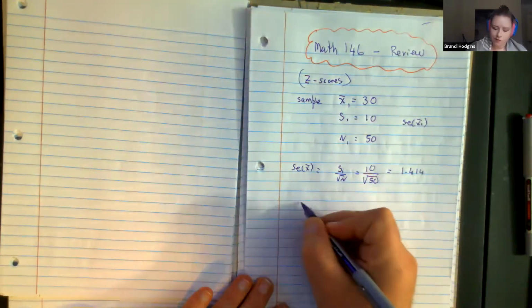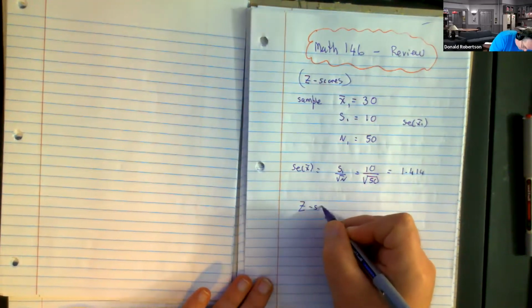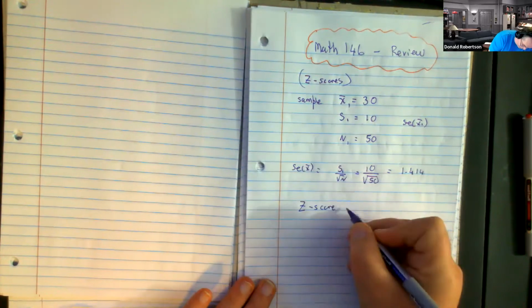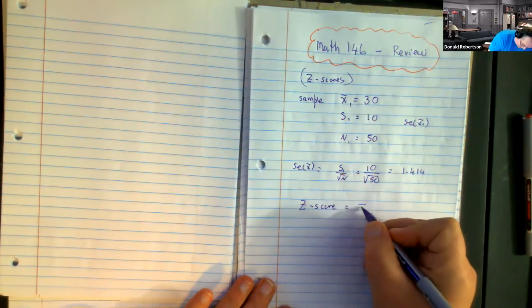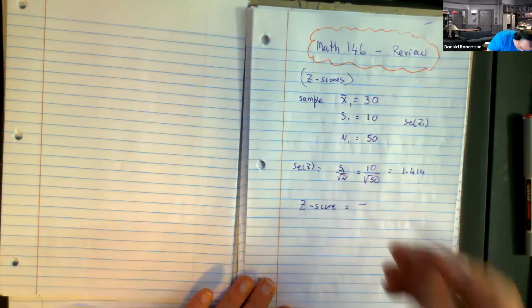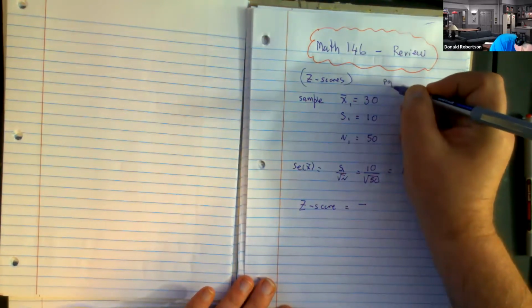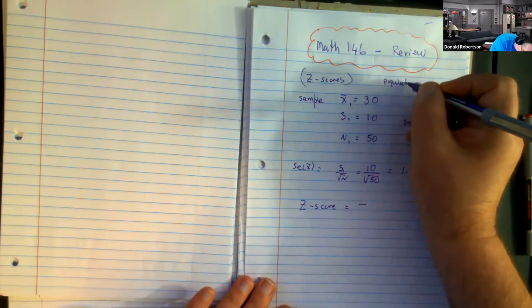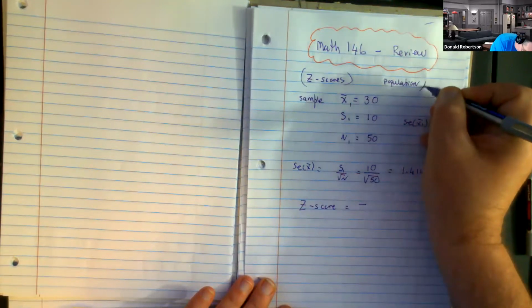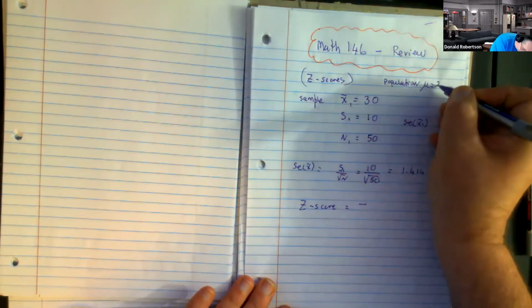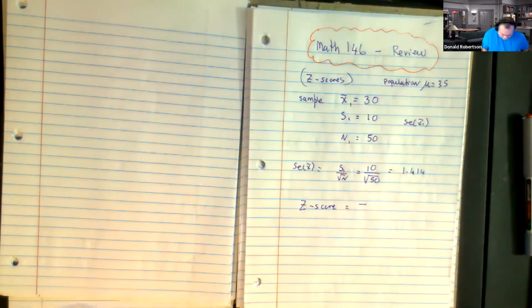So the formula now for getting the z-score in this situation would be, and you need to know, or be told at least, that the population mean was 35. So let's say he's given this test to lots and lots of classes over the time, and 35 was the usual.